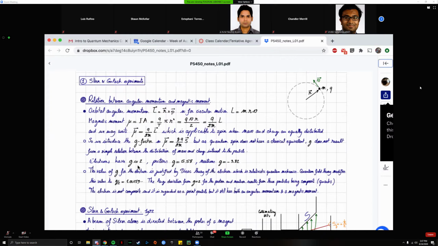And that number 2 comes out from a relativistic description of the electron, which we're not going to cover. That's something that is known as the Dirac equation, which was published, I think, in 1928, or 29, I forgot. And that's really something that comes from the mathematics of it.